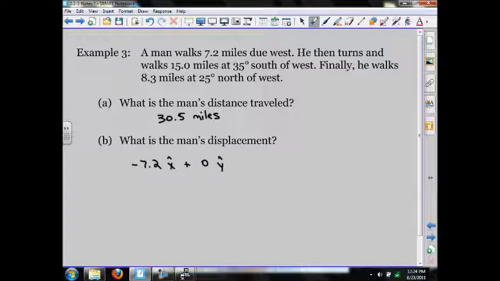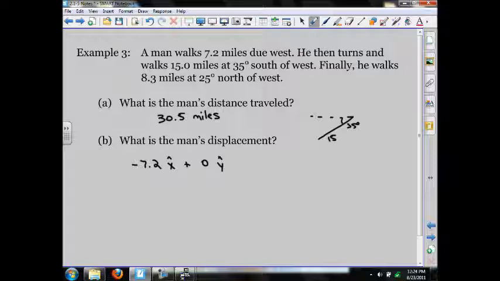The next vector, we're going 15 miles at 35 degrees south of west. So start west, go south by 35 degrees. And this side is 15 miles. In order to get the x component, would we use sine or cosine? Cosine to get the x, right?